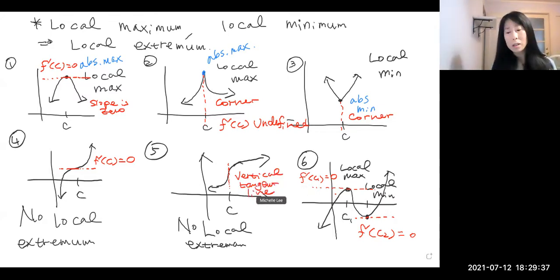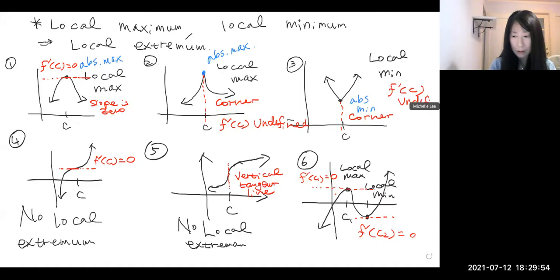So graphically, we cannot take the derivative at a corner or a vertical tangent line, then we say that f prime of c is undefined. And this is also f prime of c undefined.